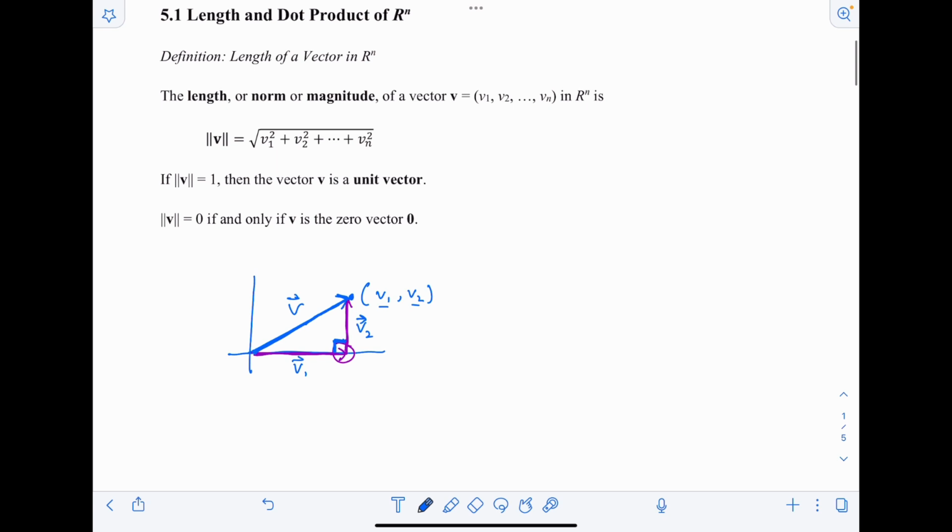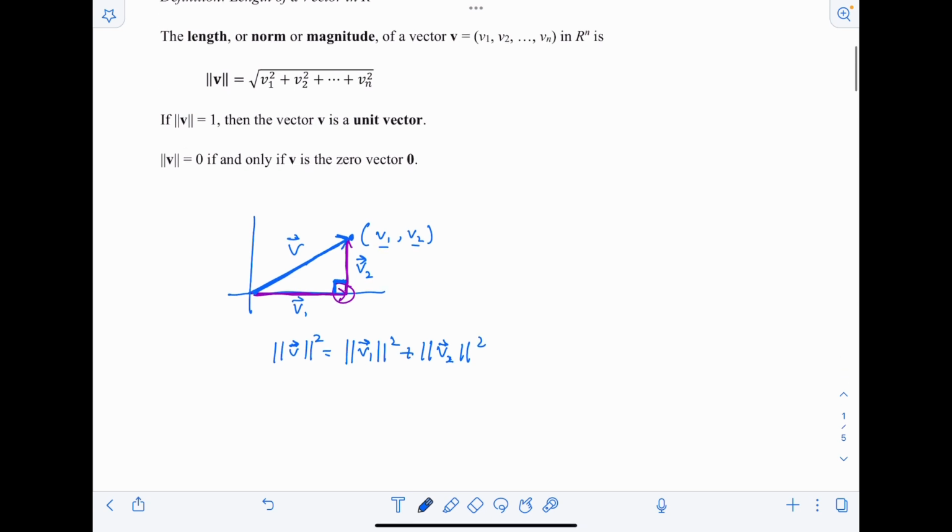So very simply, the magnitude of v would be equal to basically the magnitude of v1. And I should say v squared, right? It's a squared equals b squared, or a squared plus b squared equals c squared. So these are all squared. So that's going to be squared plus the magnitude of v2 squared.